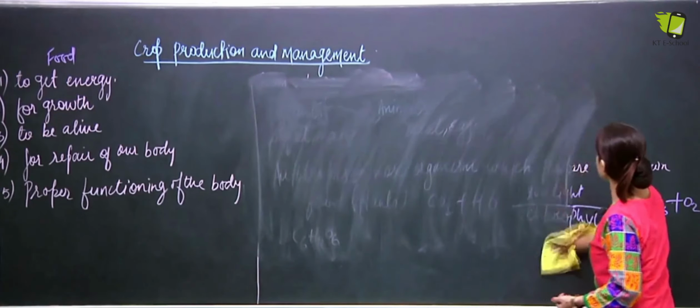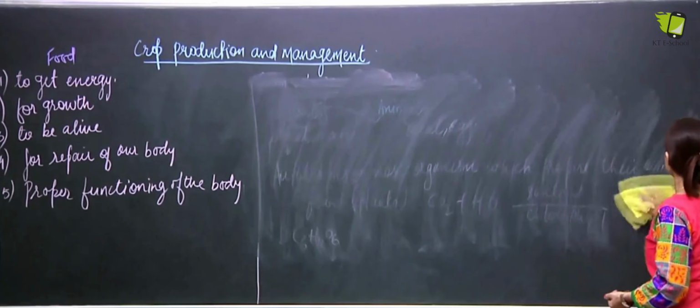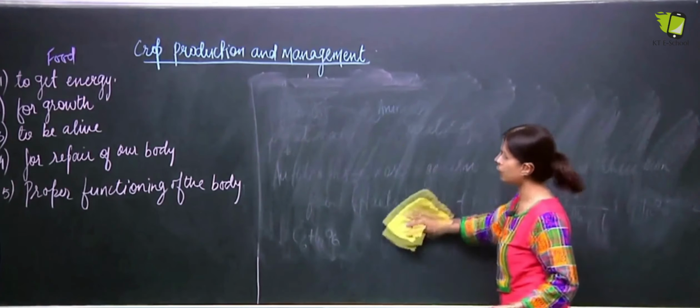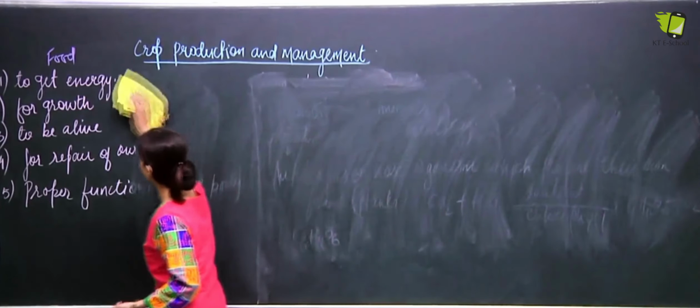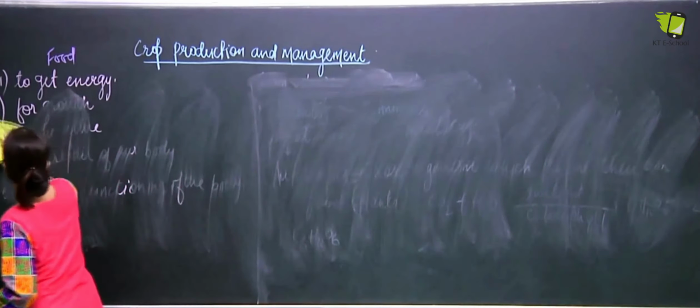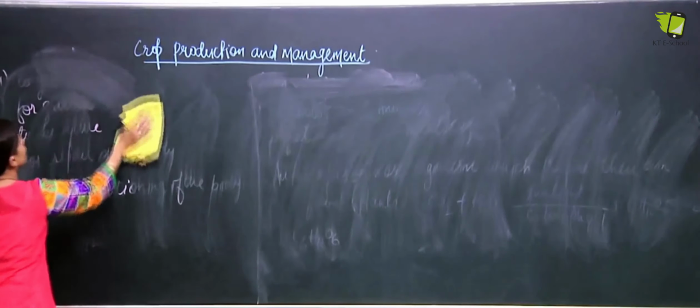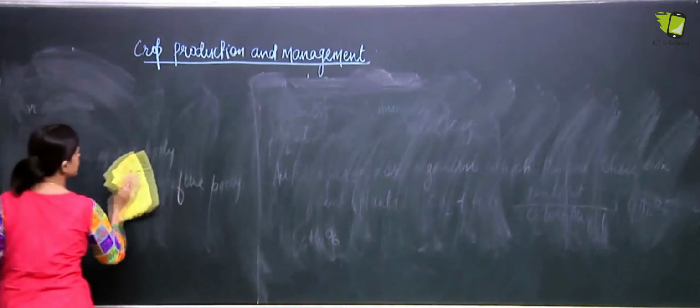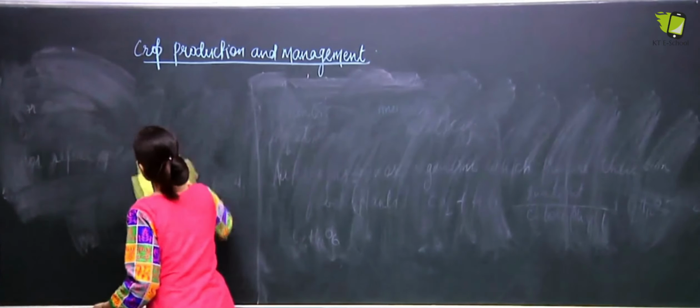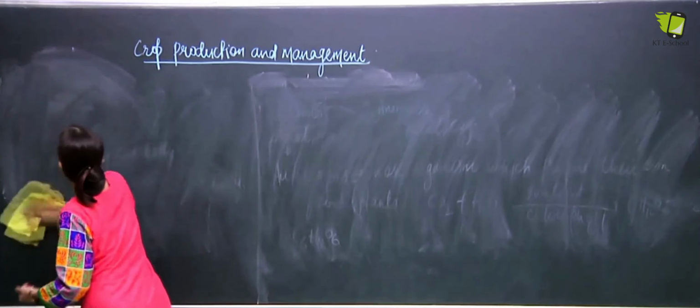What's the meaning of wanderer? He used to lead a nomadic life. Nomadic life means he used to feed upon raw materials like raw food, raw vegetables, and he used to lead his life.